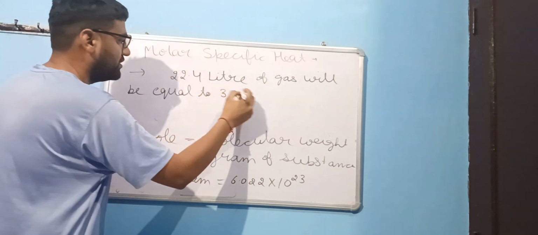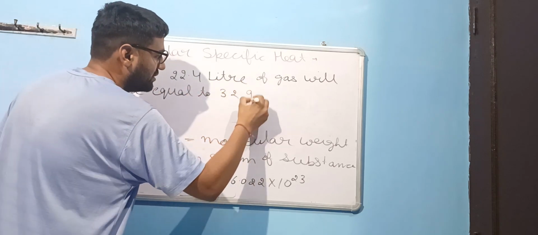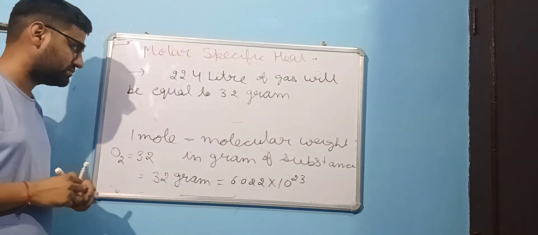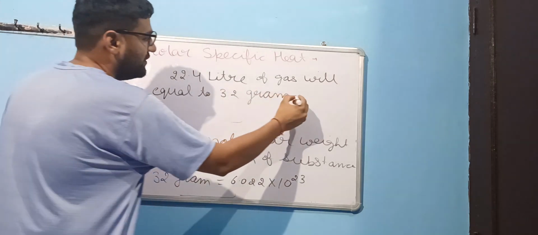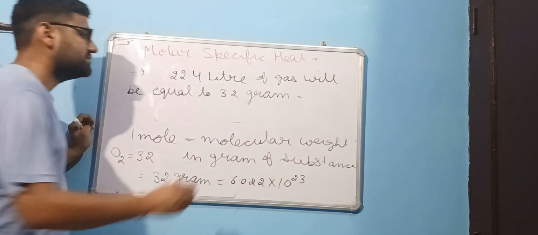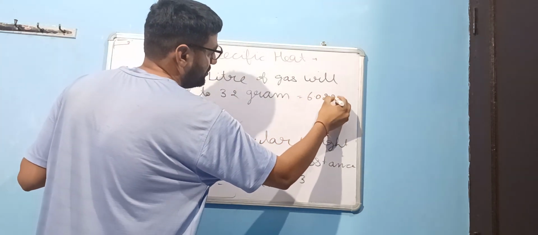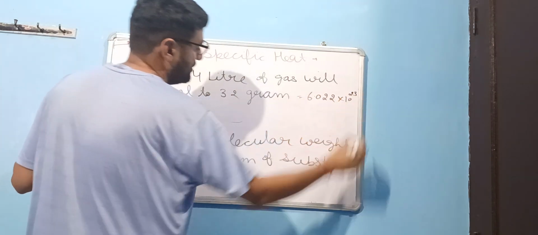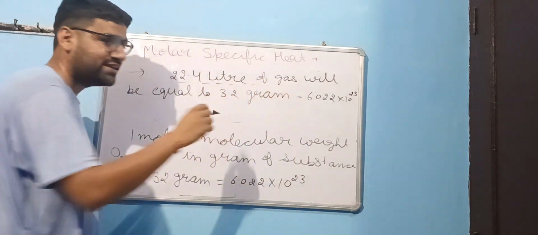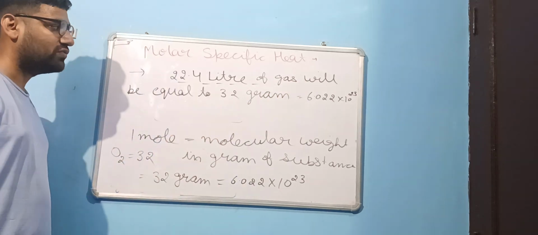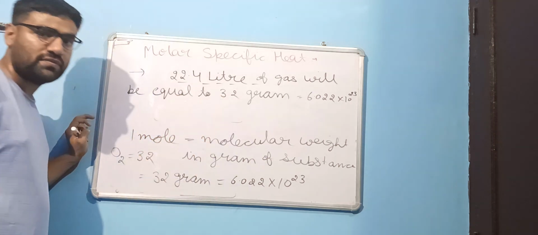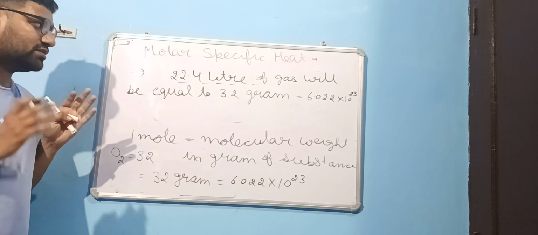So it will be equal to 32 gram, and it will contain the Avogadro number of molecules, that is 6.022 into 10 raised to power 23. Means if we take 22.4 liter of any gas, that will be equal to its molecular weight in grams.